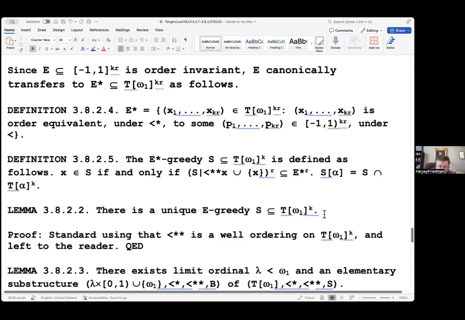Then you prove they all cohere, and then you're done. And uniqueness: if you have this definition, you just take the least place at which they differ, and you get a contradiction.